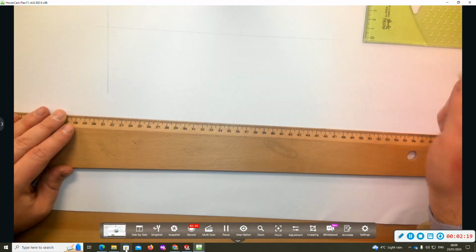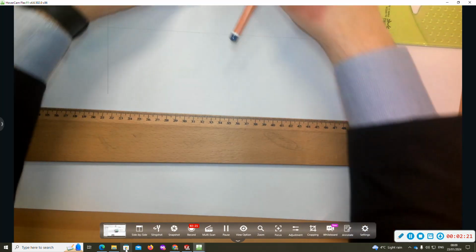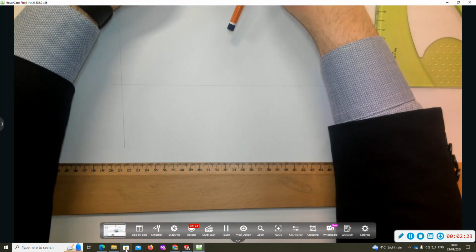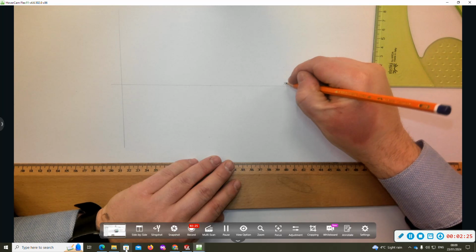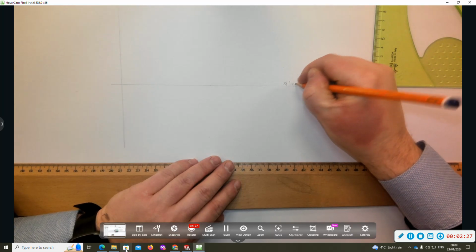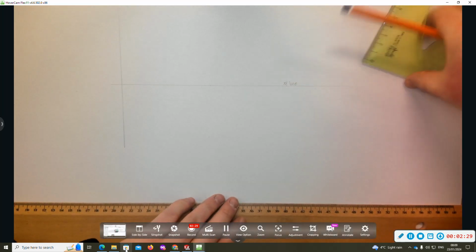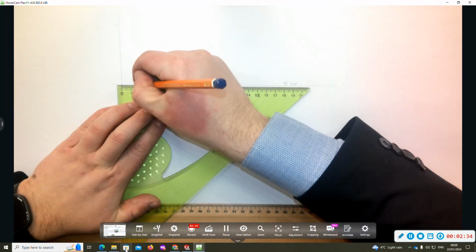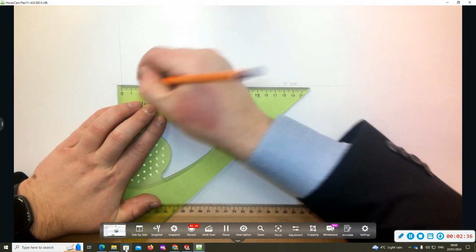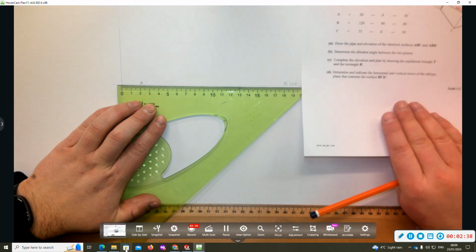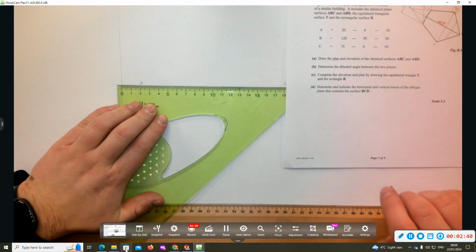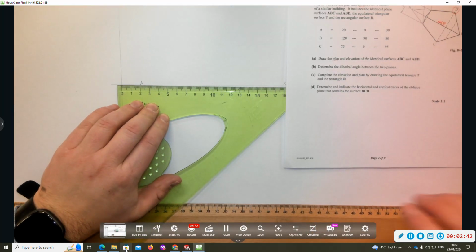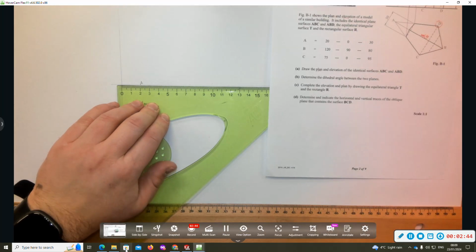So our XY line, our A coordinate is over 20. Our B coordinate is 120.